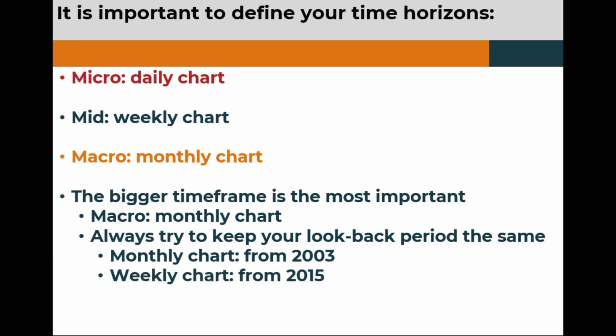If I'm going to look at my weekly chart, then all my weekly charts will start from 2015. And then if I'm going to look at my daily chart, I will always try to reference at least a year ago. So in this specific video, please also concentrate on the monthly, weekly and daily charts and when they started, but I will highlight that as well.